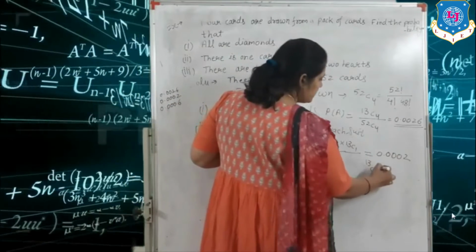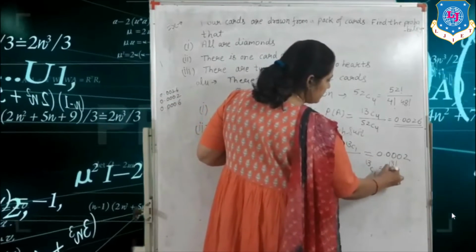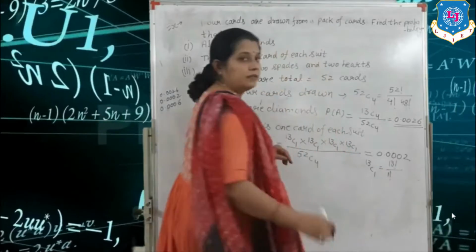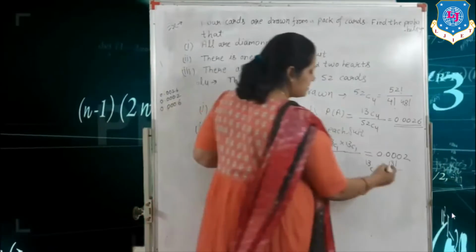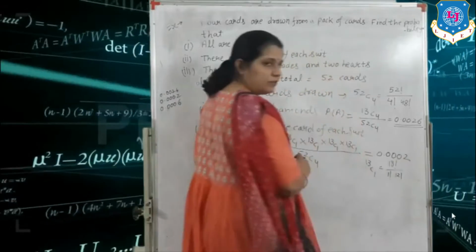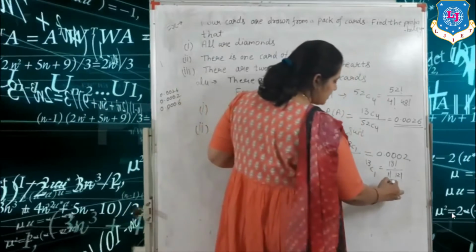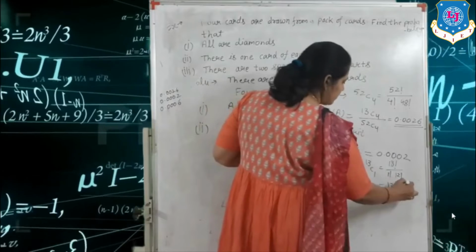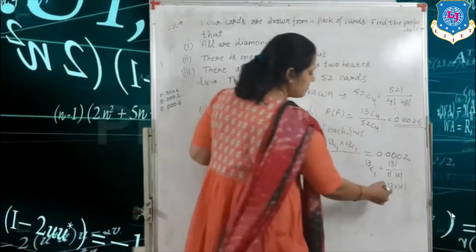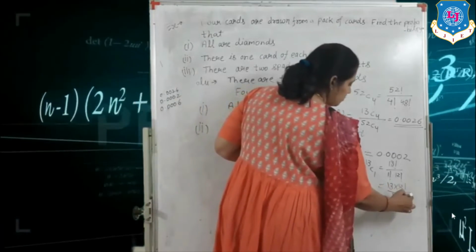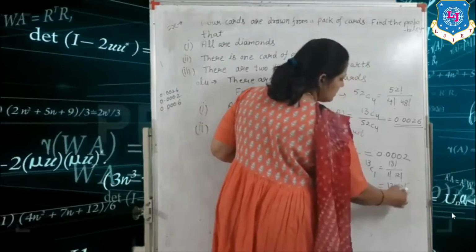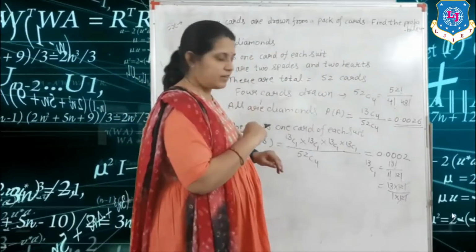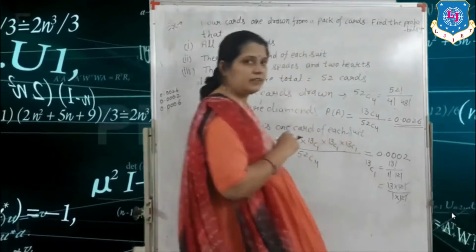13C1 means factorial 13 divided by factorial 1 and factorial 13 minus 1, that means factorial 12. So solve this step. We write 13 into factorial 12, divided by 1 into factorial 12. Factorial 12 cancels, so we get only 13.